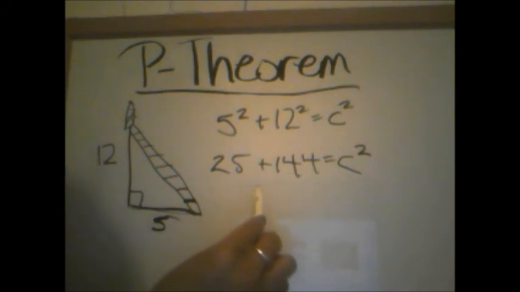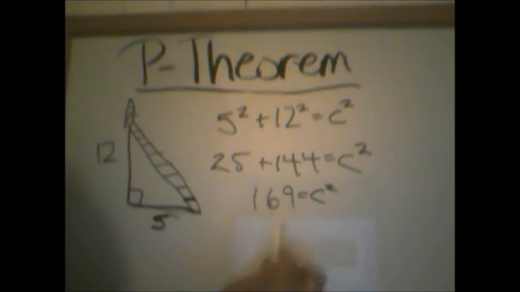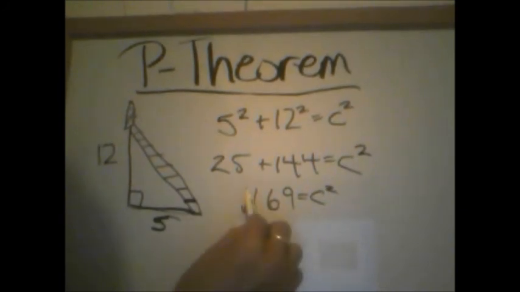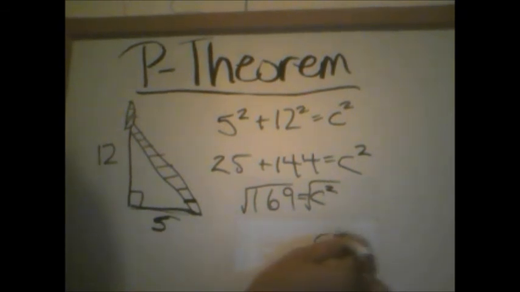25 plus 144 is 169. 169 is C squared. We're looking for C. The square root of C squared would get us C, so the square root of 169 is 13.